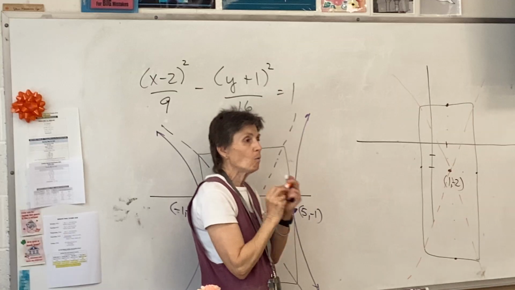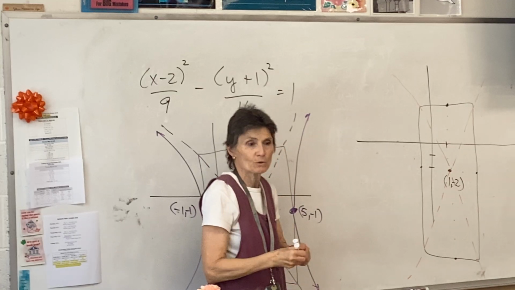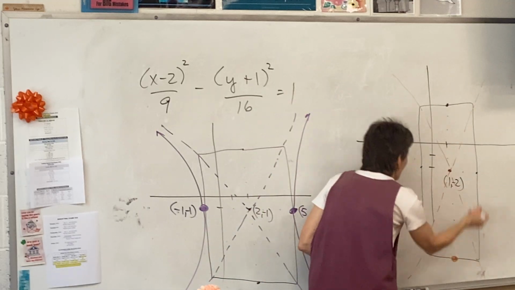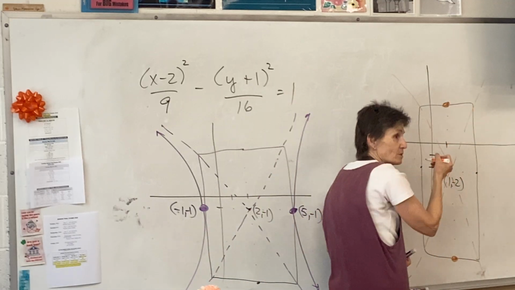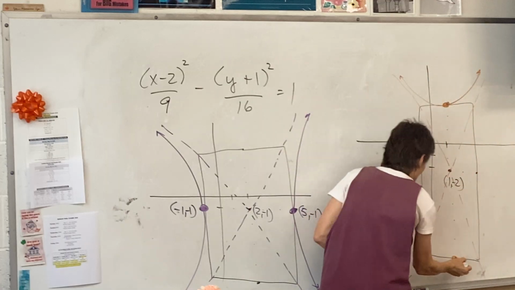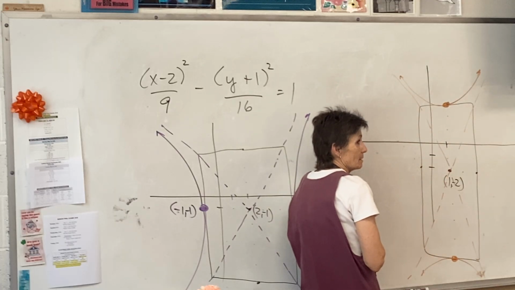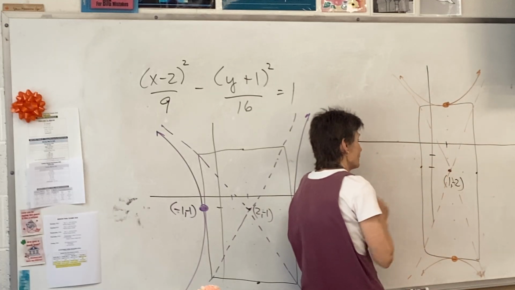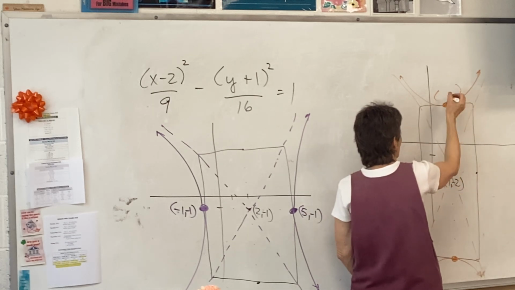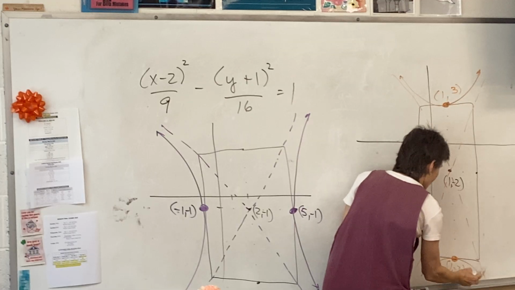And now, when we draw our curve, since y comes first in the equation, this point and this point become my vertices. My vertices are, I came up 5, so that's 1, 3, and down 5, 1, -7.